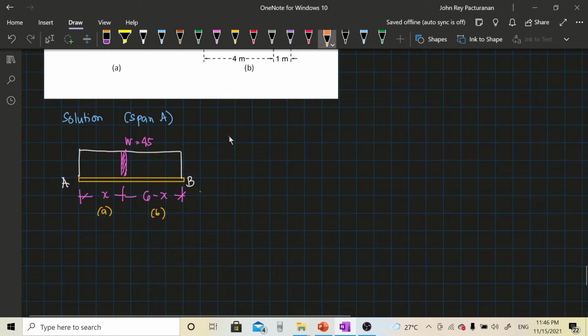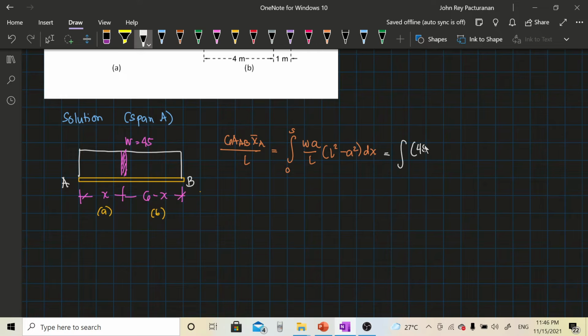So the formula of 6 area AB centroid at A all over L is equal to the integral of WA over L, then L squared minus A squared, dx from 0 to S. And of course, our W is 45, A is x, divided by 6, the quantity 6 squared minus x squared, dx from 0 to 6, because the load is applied throughout the beam.